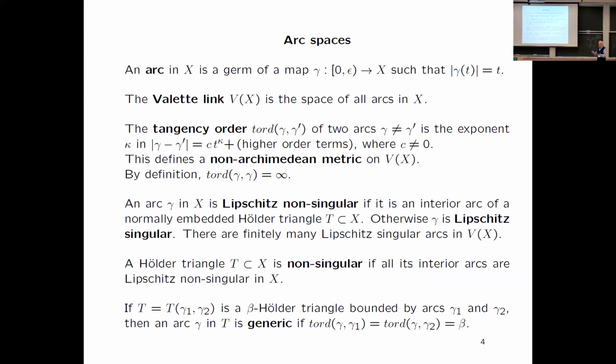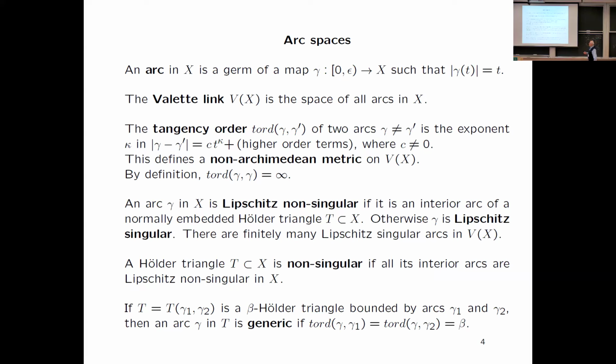If you have two arcs, you can think of how the tangent at the origin, there is an exponent, kappa, well, for a semi-algebraic set, it's a rational number. In general, it belongs to some kind of exponent field.